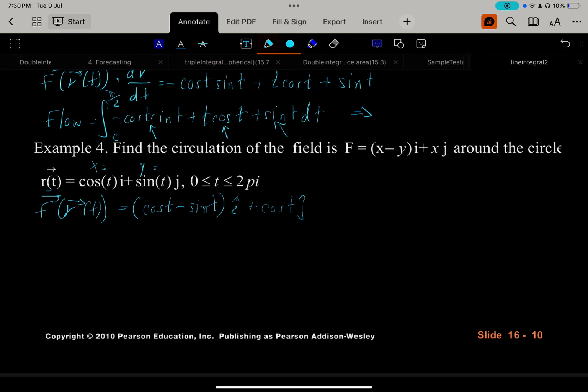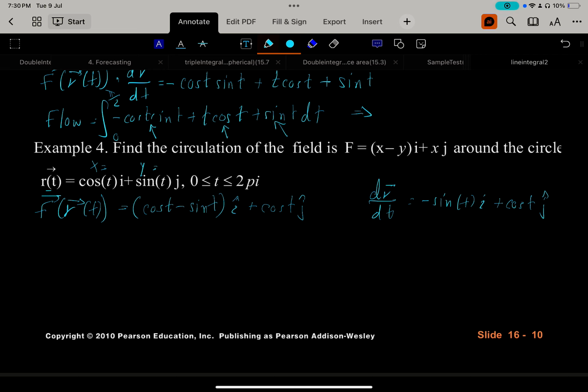Now, this is flow, so dr over dt, the derivative, equals minus sine of t i plus cosine of t j.